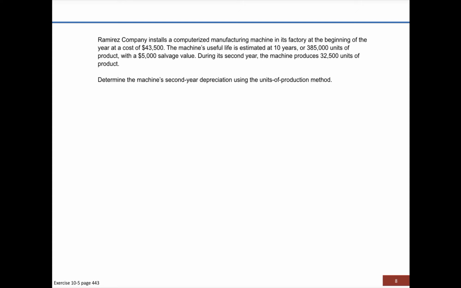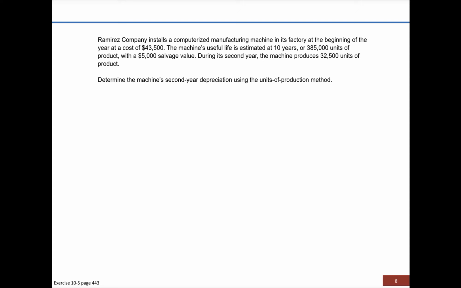Regardless of how many years it takes to get there, we won't reach the amount of depreciation we need to recognize until we hit the number of units of production that we have assigned as our depreciation driver.